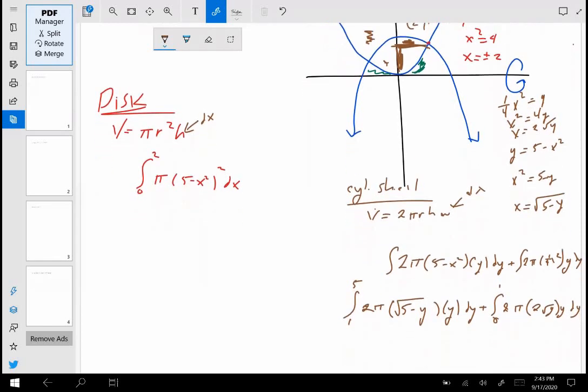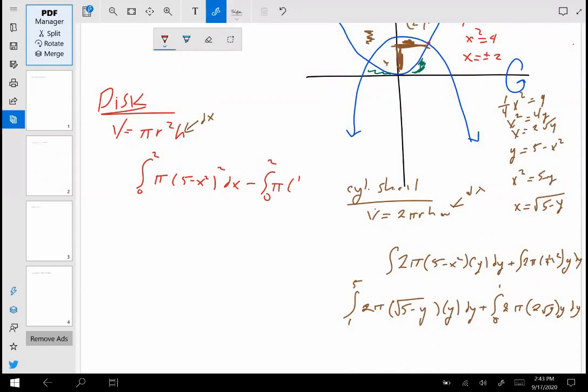I do not know about you, but this method looks a whole lot better than having to deal with all of those square roots and stuff. Yeah, we're still going to have to subtract the lower one. The integration is, right, so we have to go 0 to 2. I didn't write that down.